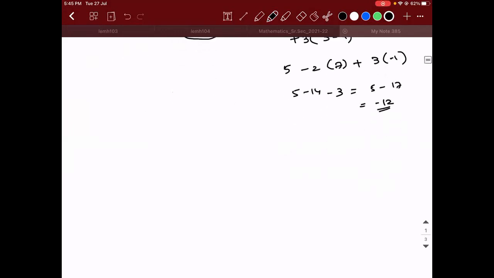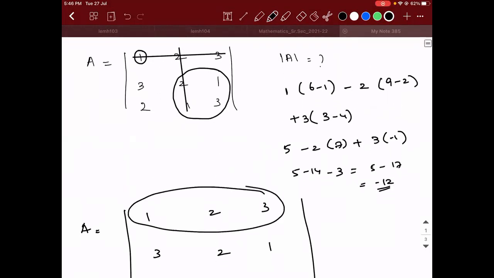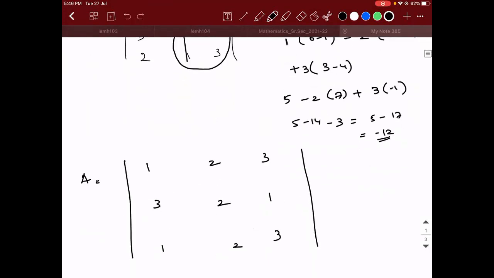If I ask you the same question and I put a condition, what do you think is the condition I'm going to put? Let me see if you guys are able to guess. You guys expanded by taking these elements as the base, right? What if I say find the determinant of the same matrix by taking these numbers as a base?